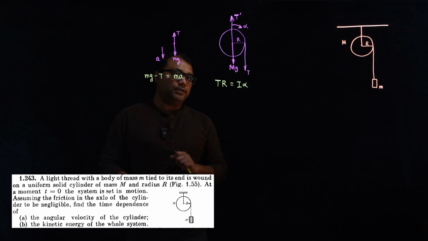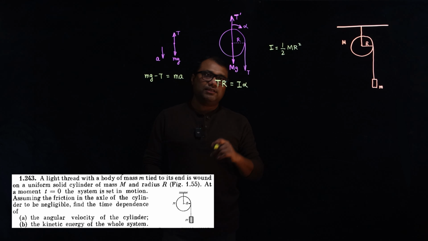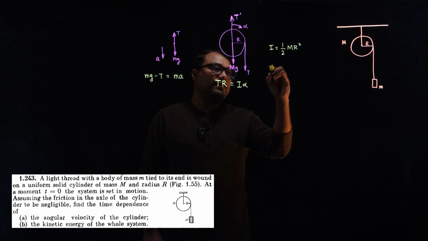Okay. Now I, for a solid cylinder about its center, is half m r square. Okay. Since the string is not slipping on the cylinder, we can safely write a equals r alpha. The acceleration with which this rope is going down is equal to r alpha.